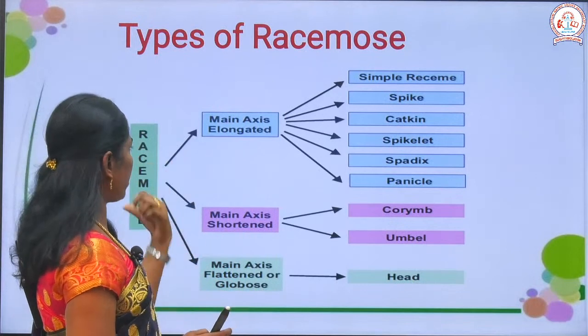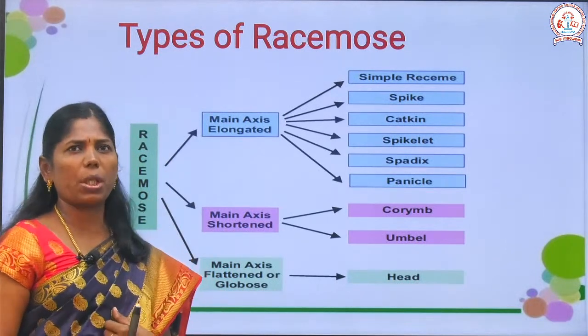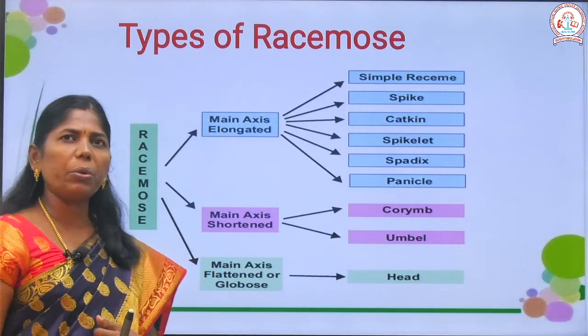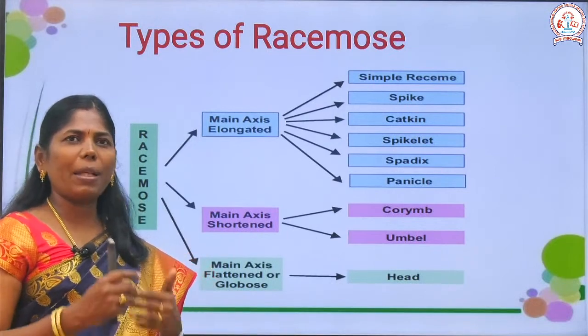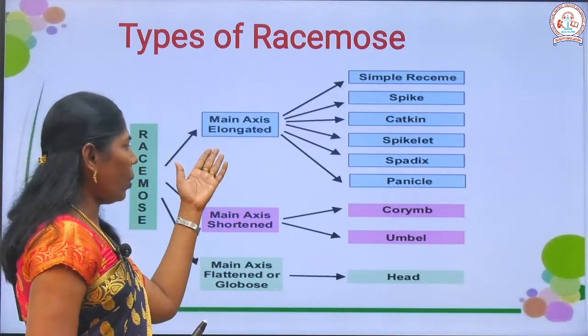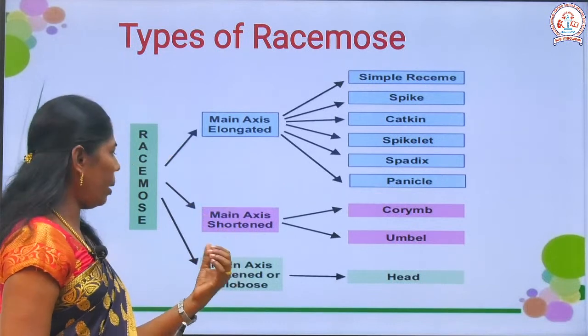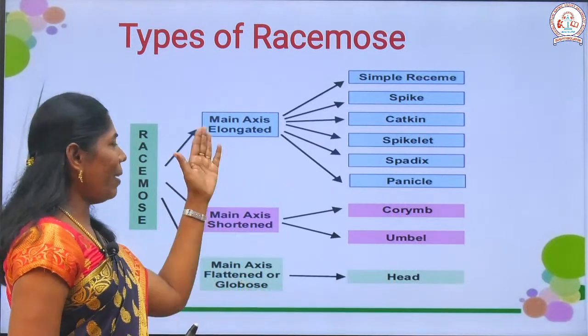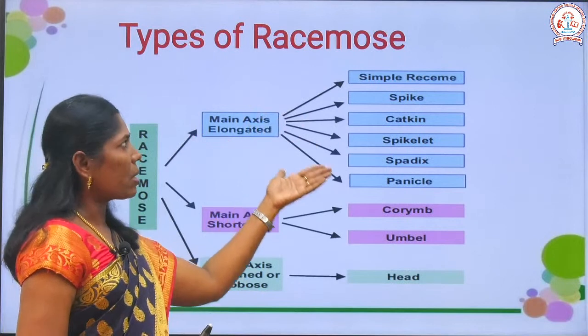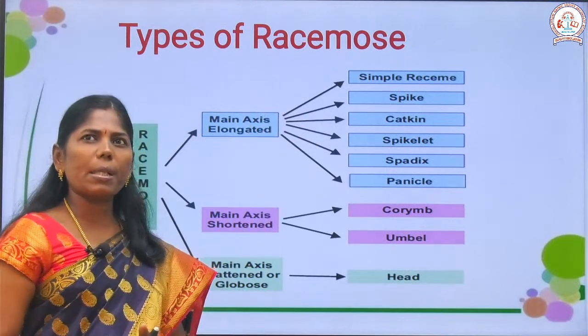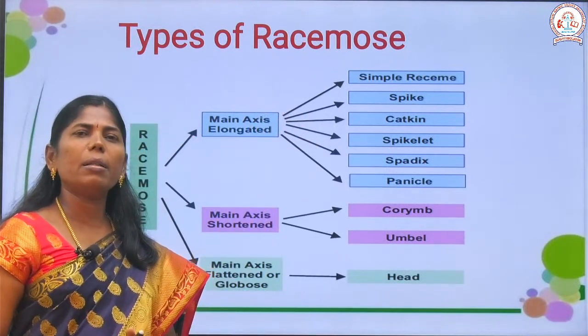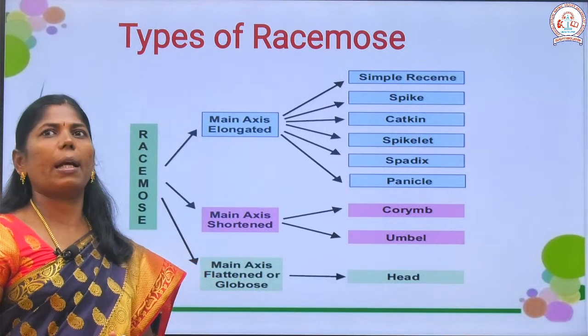This is a flow chart of the racemose, very important for the 3-mark question. Racemose are classified into 3 based on the branching pattern: main axis elongated, main axis shortened and main axis flattened. Main axis elongated has 6 types: simple raceme, spike, catkin, spikelet, spadix and panicle.